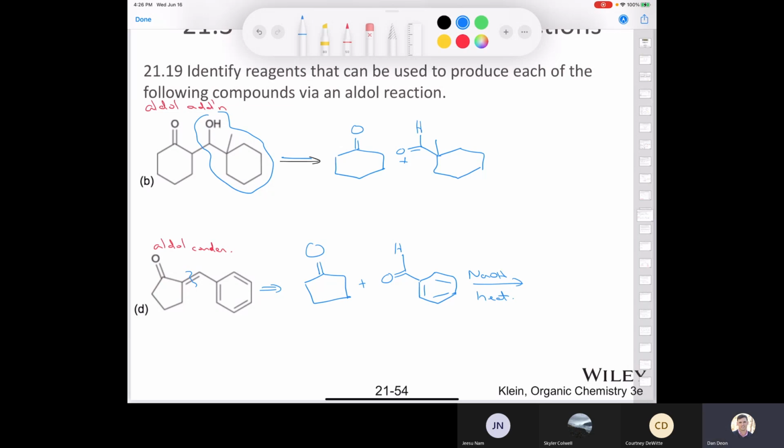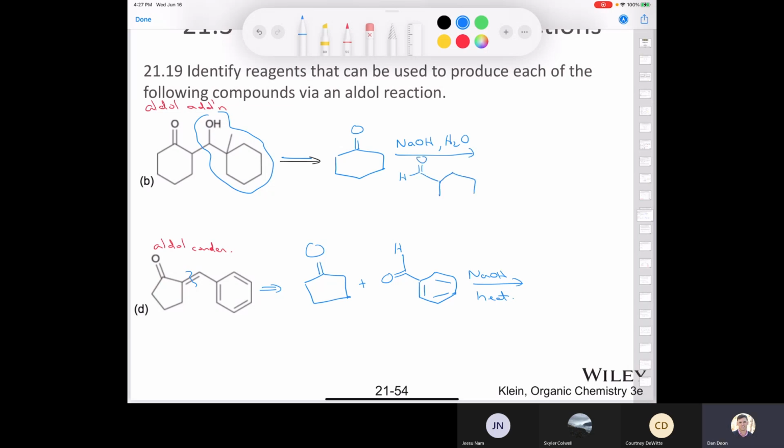So what would we do? We would start with our ketone. We would treat that with sodium hydroxide and water. Okay. And then we would put in the aldehyde.